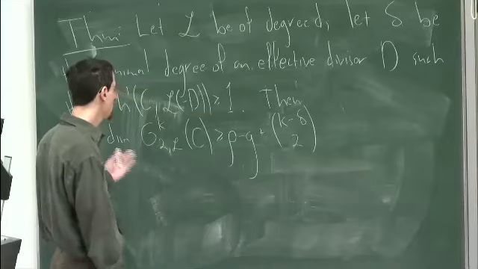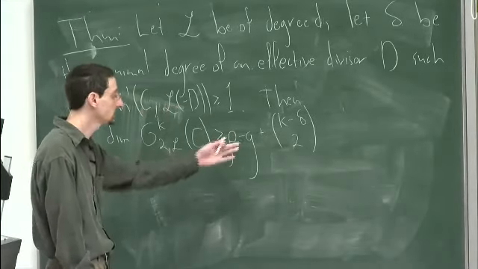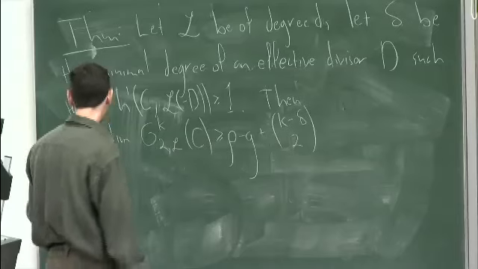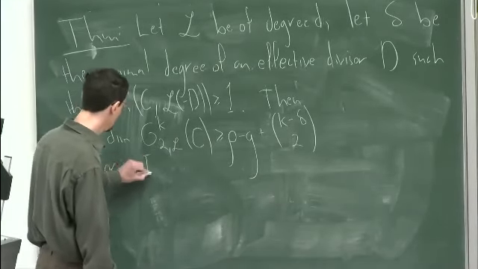So a special case of this, of course, is when L has non-trivial H1 to start with and delta is 0, and we recover a generalization of that formula. So let me just write that out separately.